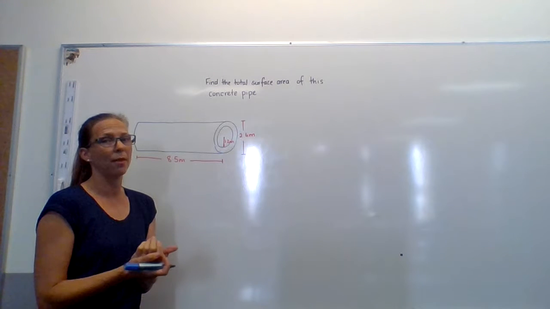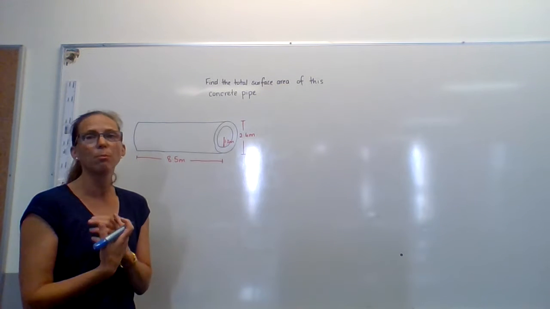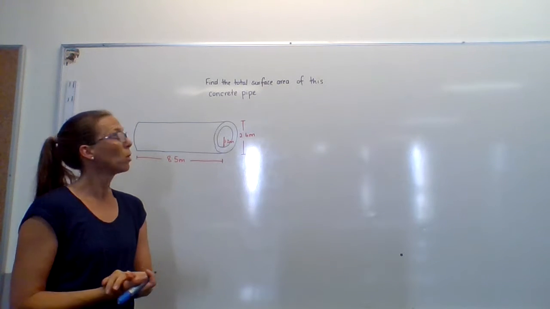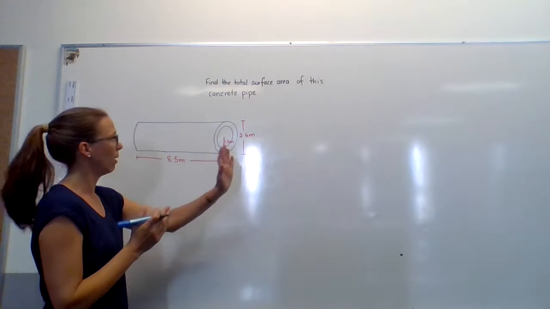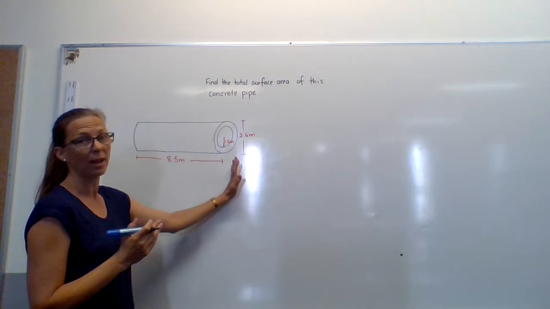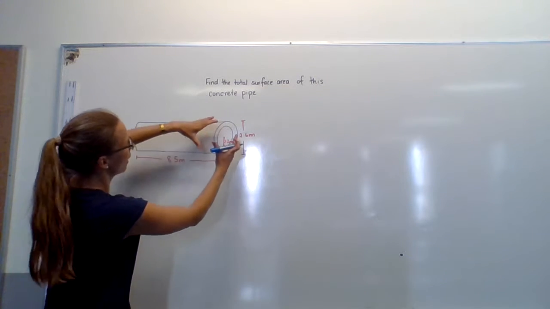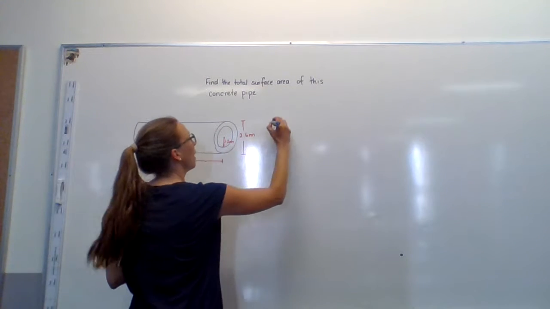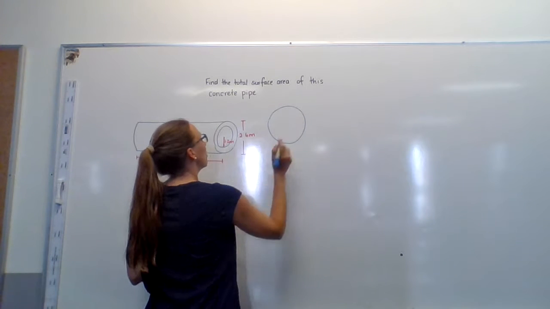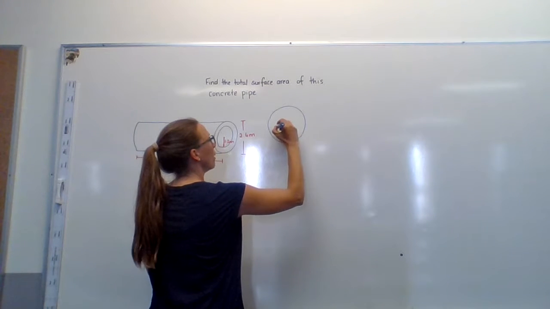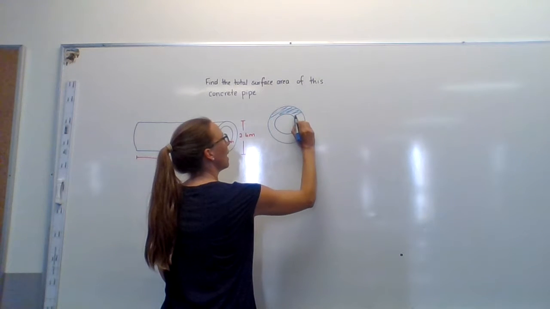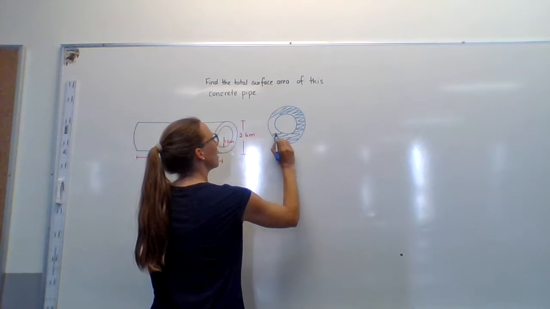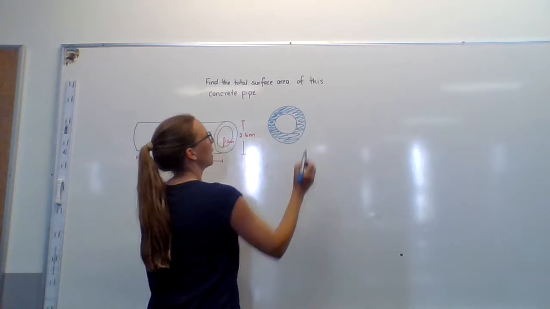So let's just talk about the surfaces that there's going to be before we do any calculations. When we look at this right-hand side end, or right face, if we were looking at that in 2 dimensions, we would have a large circle with a small circle out, and we'd just be calculating this area here.